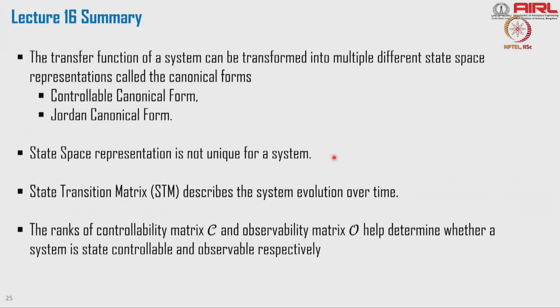This gives you an idea that if a system transfer function is given, you can represent it in one specific form, and you can use it for your controller design, right? You'll be able to appreciate the usefulness of controllable canonical form and Jordan canonical form when we go into pole placement design.